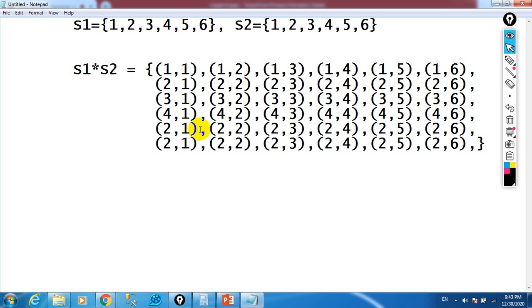Next we have 5 1, 5 2, 5 3, 5 4, 5 5 and 5 6. Next we have 6 1, 6 2, 6 3.